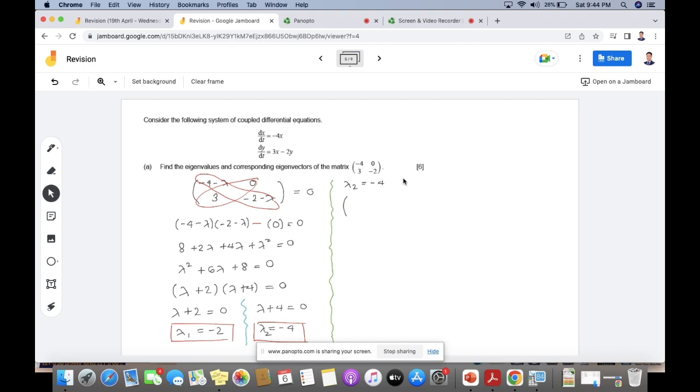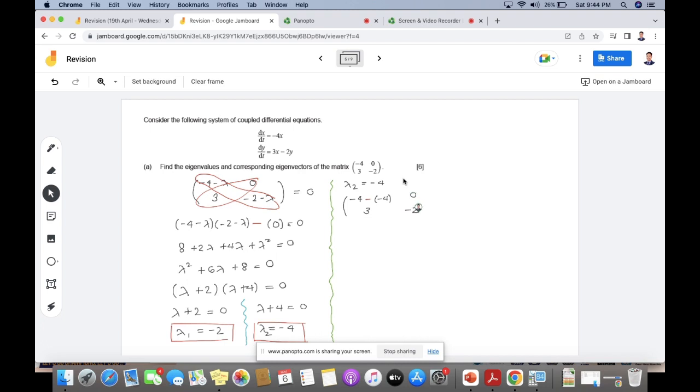Negative 4, then minus, I will use red so you won't be confused, the value is actually negative 4. That's the value of our second eigenvalue. Below it is 3, then we have 0, negative 2.